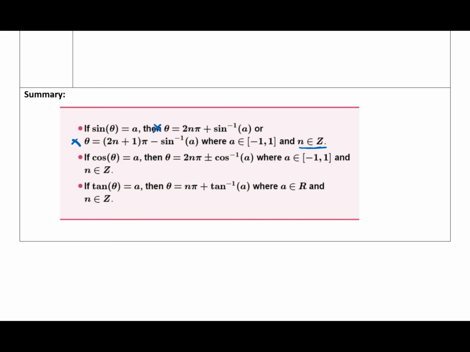So we're going to be using n equals 0, 1, 2, 3, or -1, -2, -3, etc. If we're dealing with cos, we do have two sets of answers, but they're given as a plus or minus. So we really only need to remember just the one. For tan, we also only need to remember just the one, but there really is just one solution here, because it's not plus or minus, because tan is periodic about pi, not 2 pi.